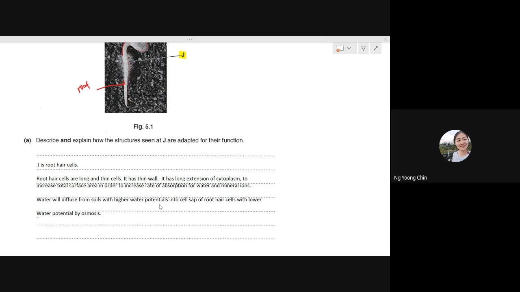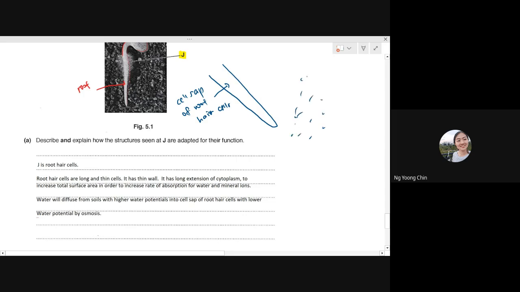Mineral ions, okay, they are something like this. You can imagine that this is the root hair cell, right? Inside, there's the cell sap of the root hair cell. Then outside, there will be a lot of soil, okay? And soil contains water, a very high amount of water. So soil water naturally has a very high water potential outside.